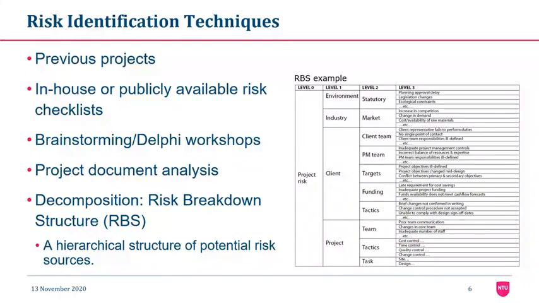On the project, for example, we have team, tactics. And again, in the third level, we try to further break it down. For example, on the environment, you can see legislation changes or changes in demand or availability of raw materials. And in the project, for example, you can see that we may have problems with cost control, or changes may happen in the core team of the project.